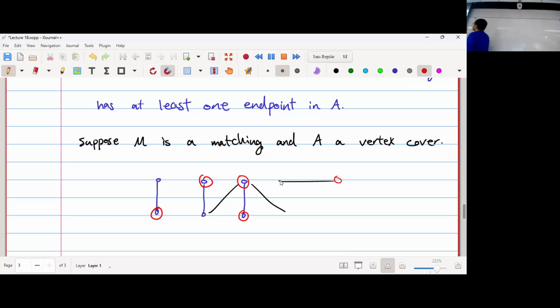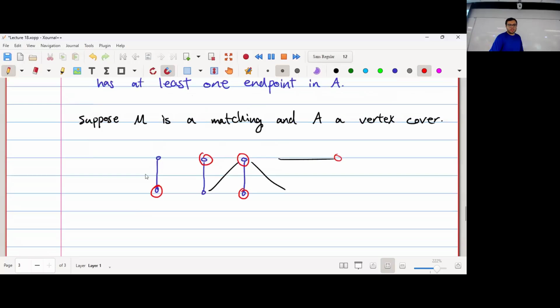But what I know is that for every edge of my matching, my vertex cover has to take one of the two endpoints. So the size of the vertex cover has to be at least the size of the matching, right? Because remember, when I'm talking about the size of the matching, I'm counting the edges, and here I'm counting the vertices. So I always have that the size of my vertex cover is greater than or equal to the size of my matching. And this holds for every matching and every vertex cover.